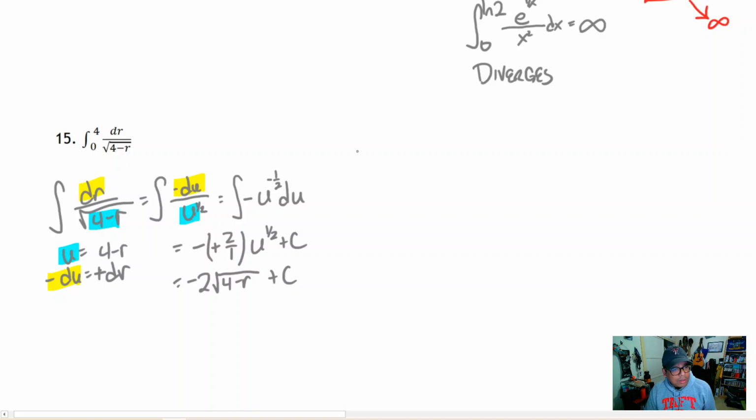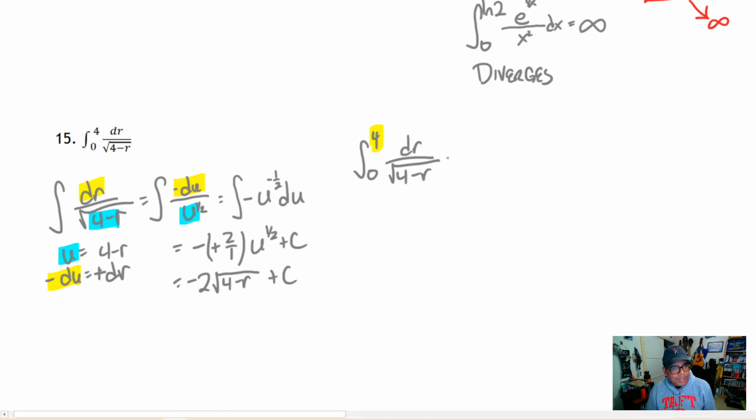And now we'll tackle the definite integral. So if we're going to integrate from 0 to 4 of dr over root 4 minus r, the real problem happens at 4, because if I were to substitute 4 into this integrand, I would get 1 over 0, which is undefined.